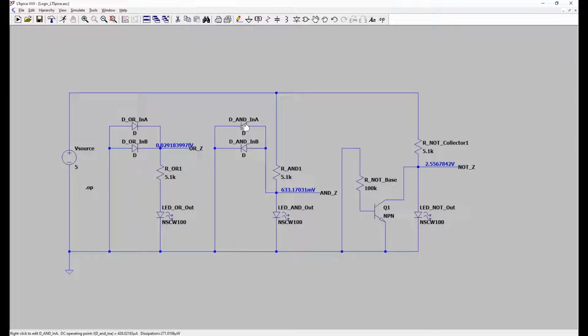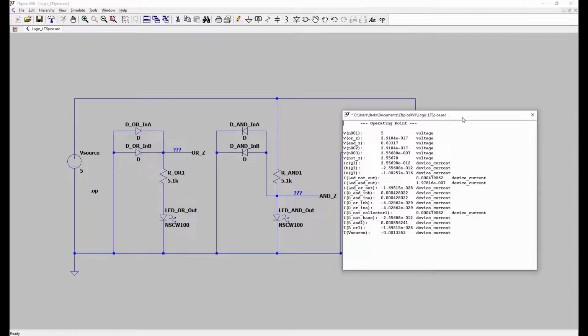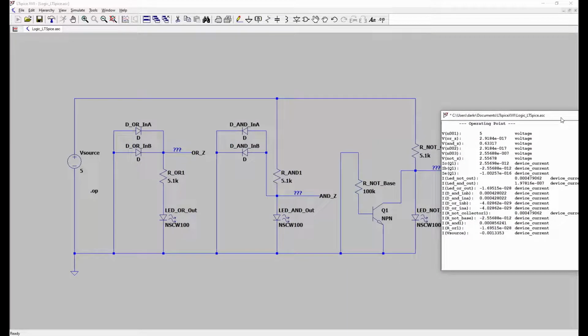And finally, if we go to the NOT gate, the NOT gate is connected low, the transistor is not conducting, all current is passing through the resistor, and the LED is being held at 2.56 volts with a current of 480 microamps, which matches the current through the collector resistor.